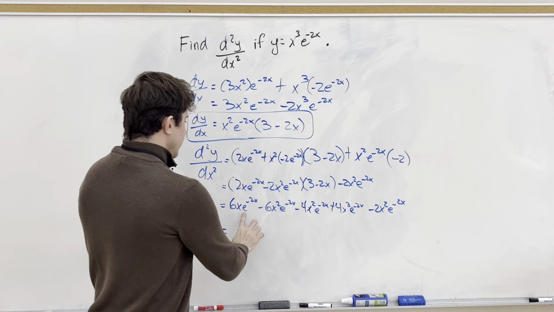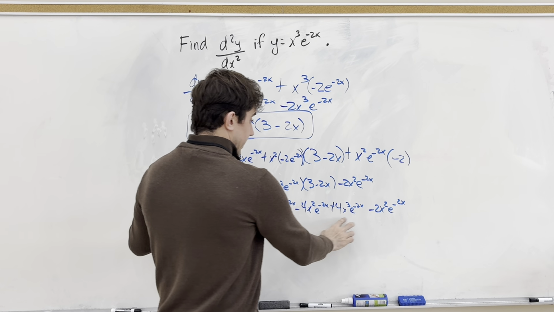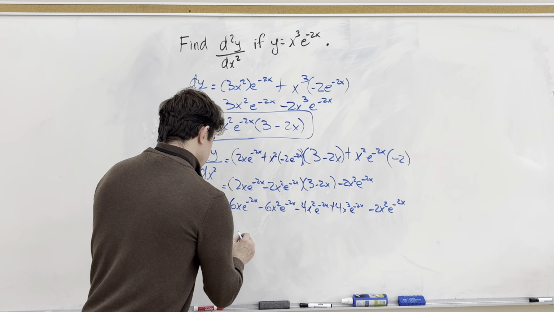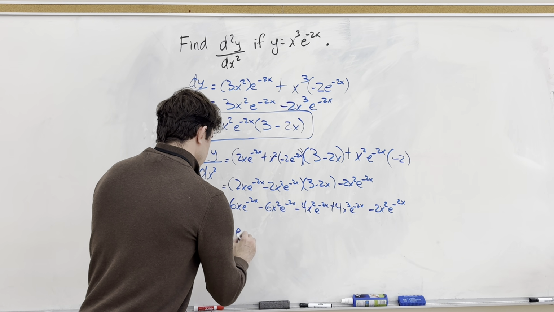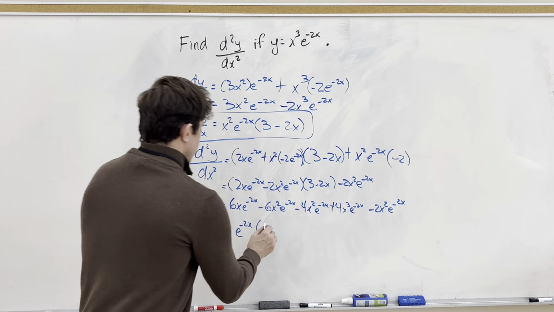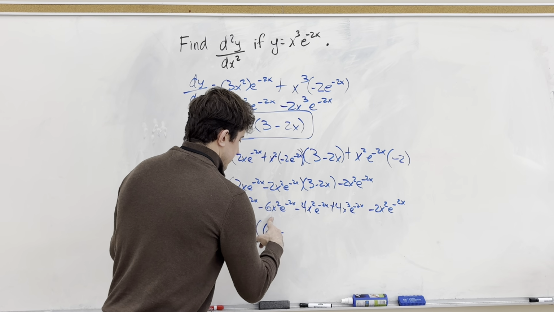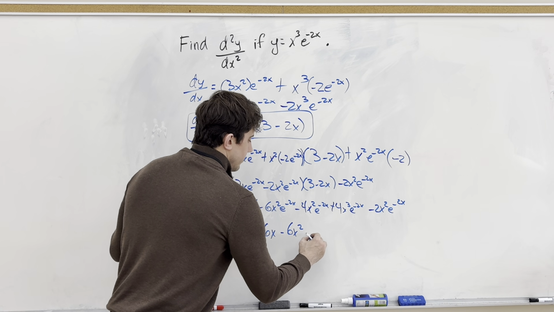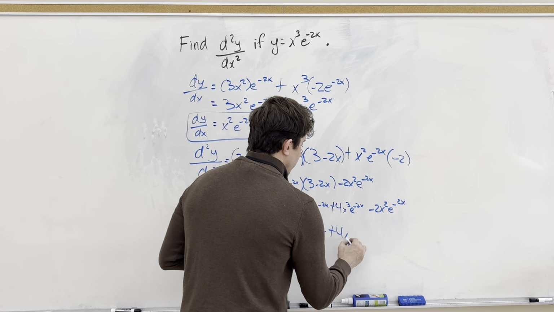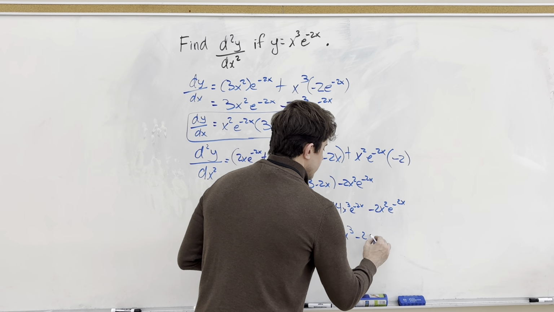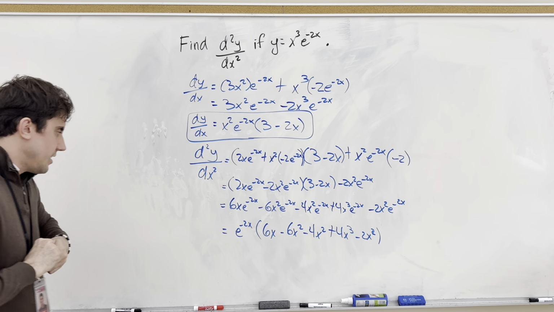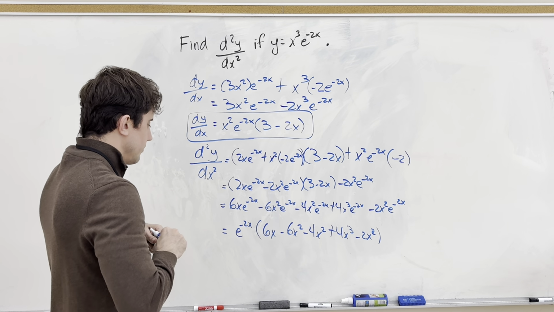So we have e to the negative 2x in every single term. So we could factor that out. And then we will have 6x minus 6x squared minus 4x squared plus 4x cubed minus 2x squared, like so. And you might recognize some like terms.